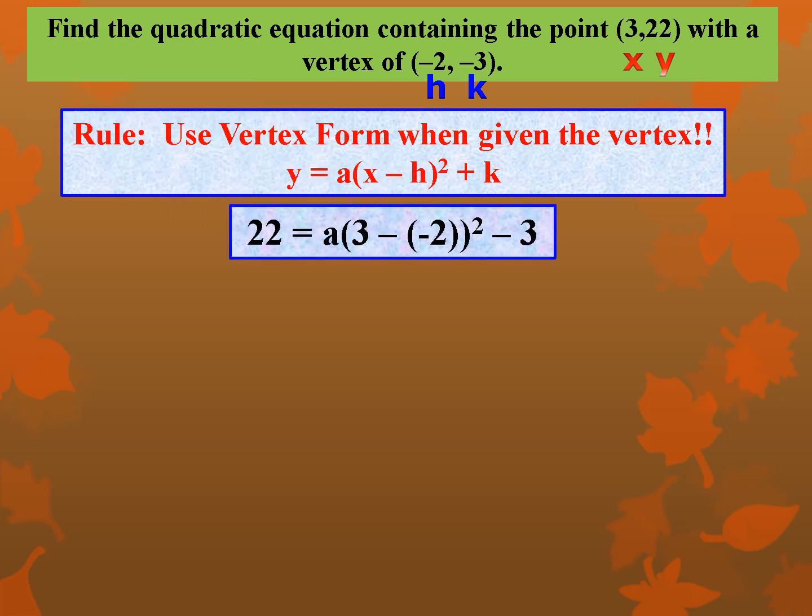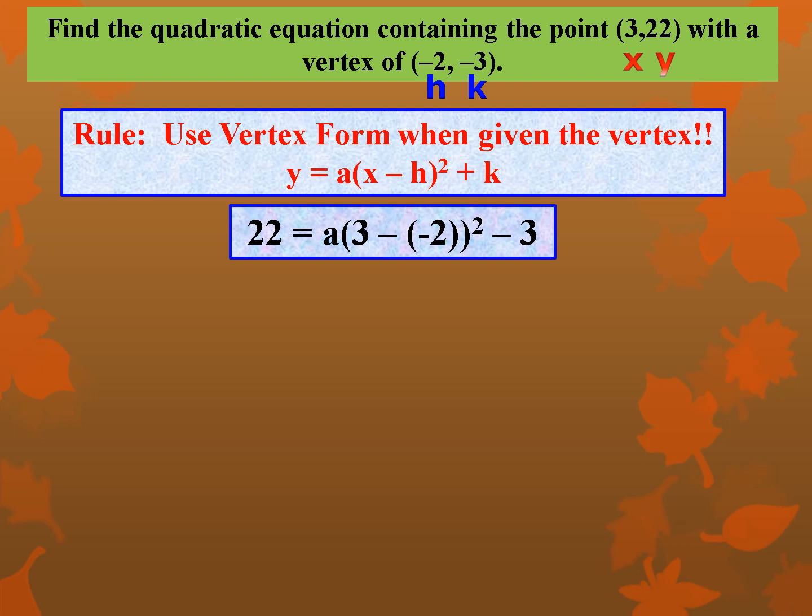So y was 22. I don't know a. x was 3. My h was a negative 2, so that became minus a negative. And then my k was negative 3. So we plug in h, k, x, and y, and we're going to use this information to help us solve for a.